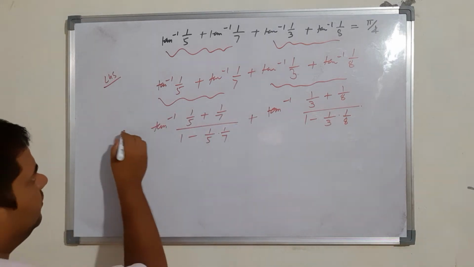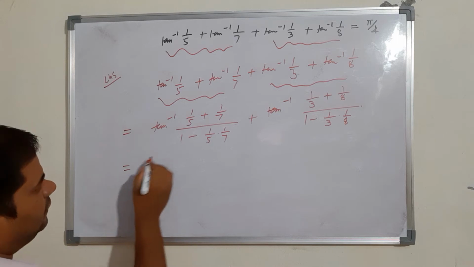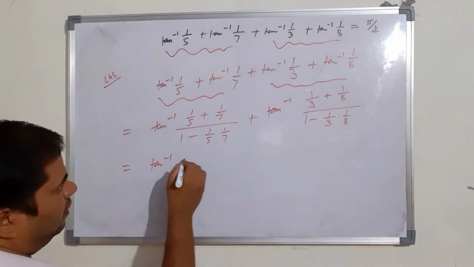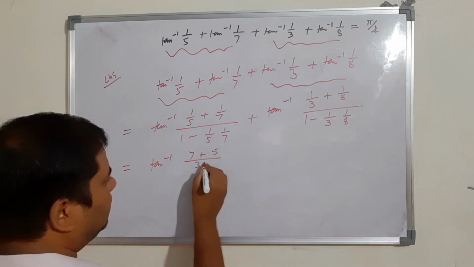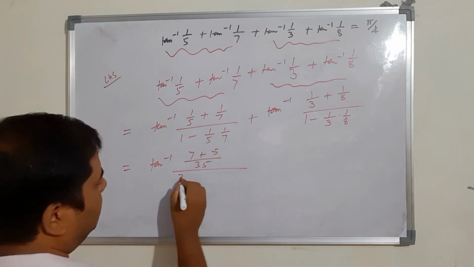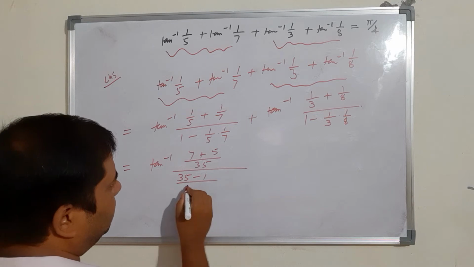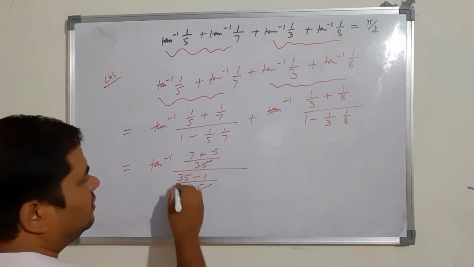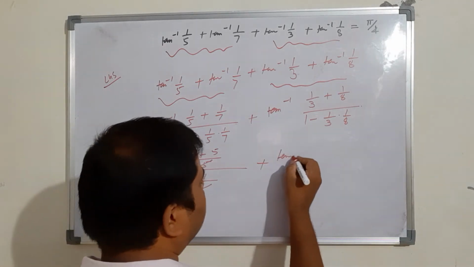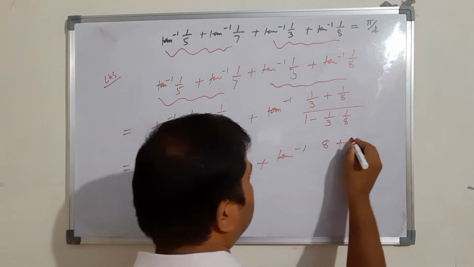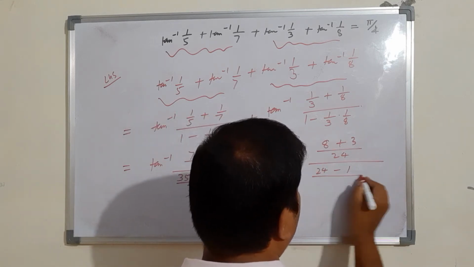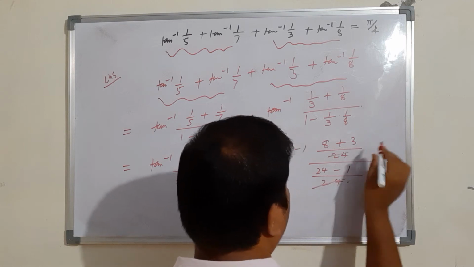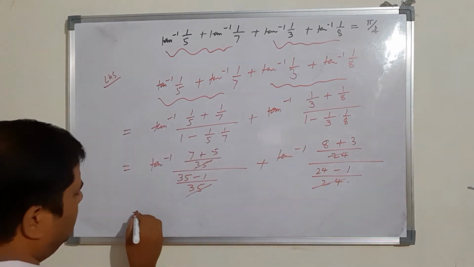So this is nothing but tan inverse of (7 plus 5) divided by 35 over (35 minus 1) divided by 35, which cancels out. In the same manner, tan inverse of (8 plus 3) divided by 24 over (24 minus 1) divided by 24, which is also cancelled out.